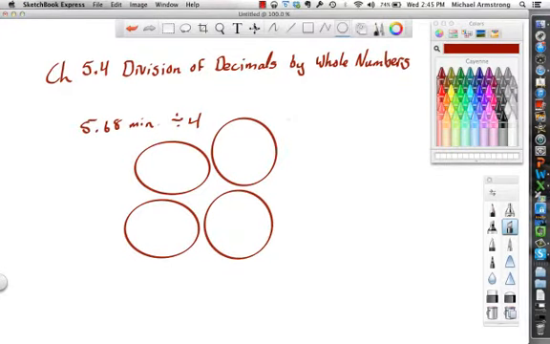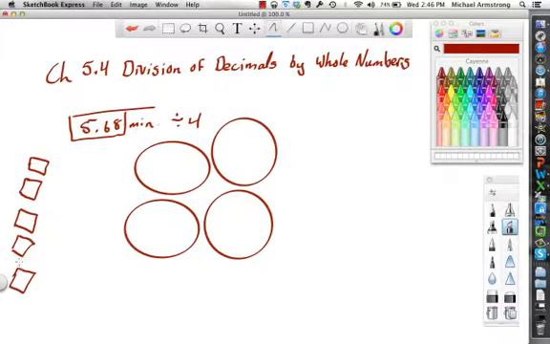And then this 5.68 can be represented by 5 wholes, 6 tenths, 1, 2, 3, 4, 5, 6, and 8 hundredths. It looks like that. All right, so we're going to start by just dividing up our whole numbers.